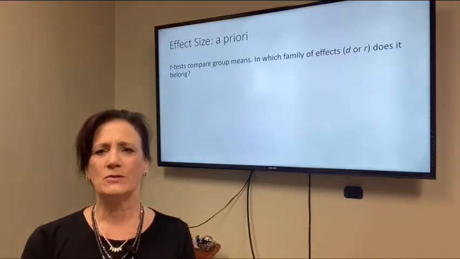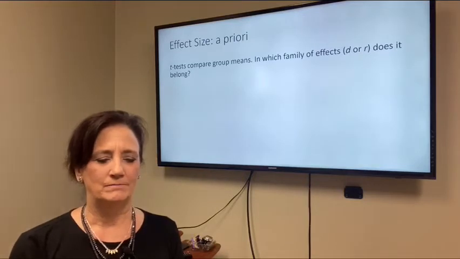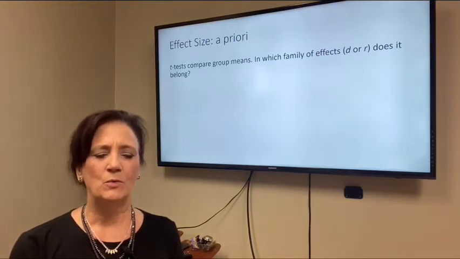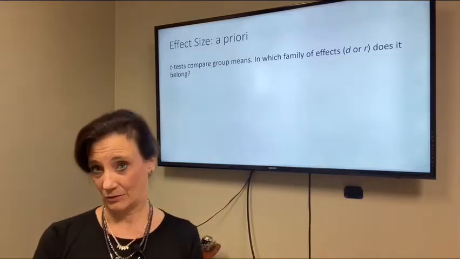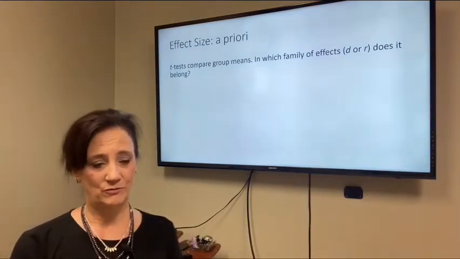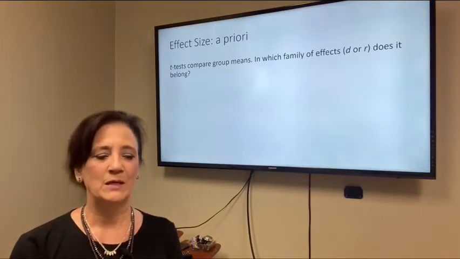So let's start off with a question for you to answer. What about effect size and t-tests? Remember, we've talked about the two families of effect size before.